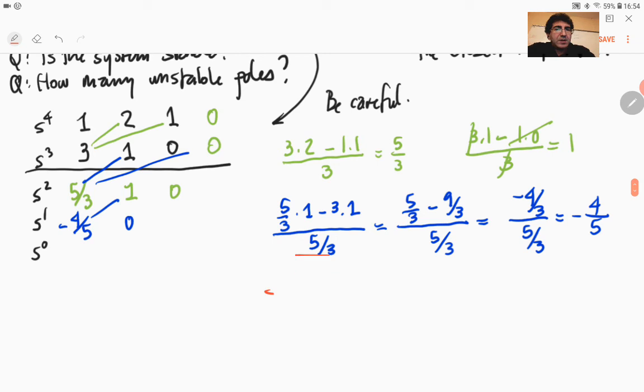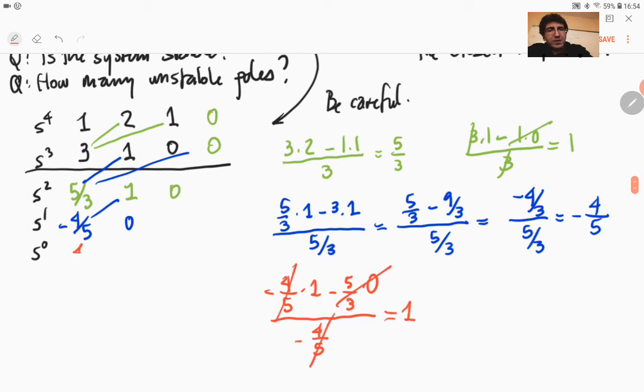Whenever you have a 0 here on this corner, because of the later division by minus 4 over 5, basically what you get is this entry over here, right? So this is 0, these cancel out, so this is equal to 1. So we have 1 over here.